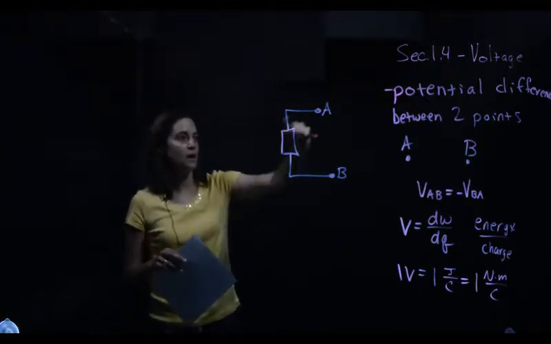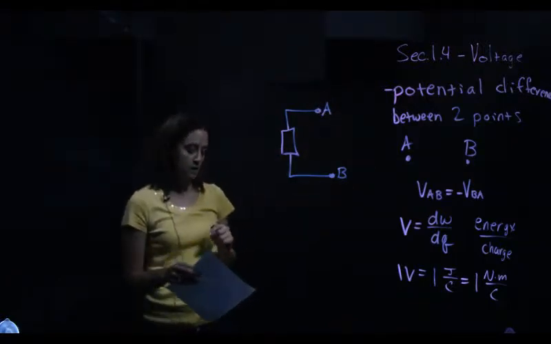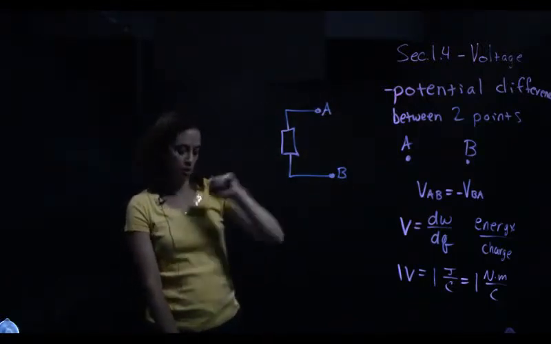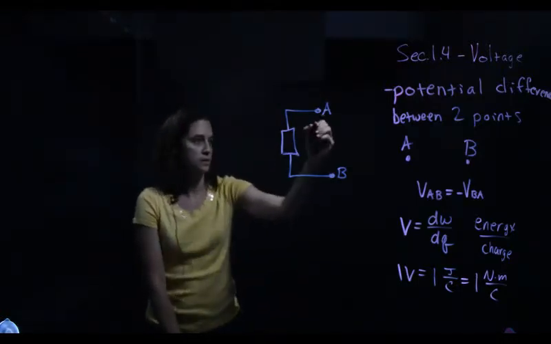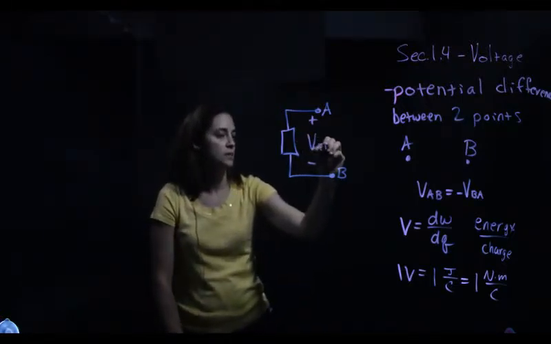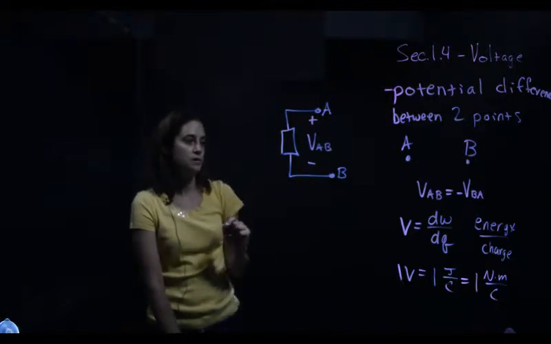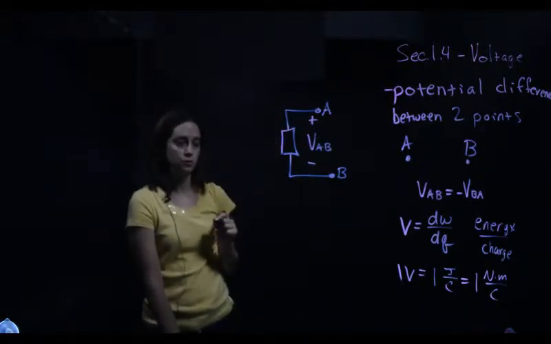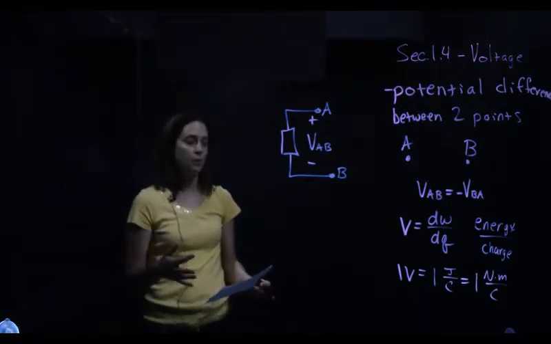So if I'm putting my positive lead at A, my negative lead at B, then I say there's a voltage drop from A to B. I need to draw polarity. So VAB, voltage drop. If I want to look at VBA, then I'll say there's a voltage rise. So that's just terminology that we'll be using.